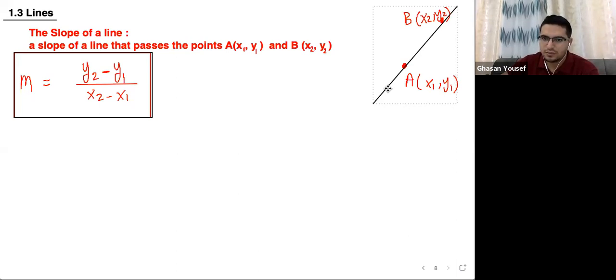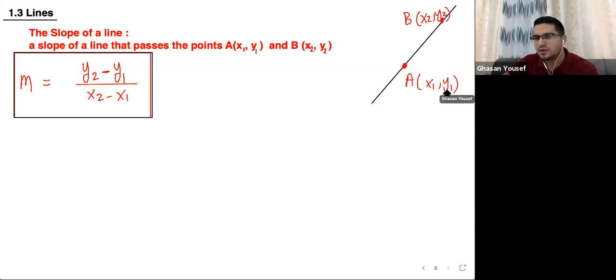This line passes two points. The first point is A, and the second point is B. A is (x1, y1), and the point B is (x2, y2). The slope m is the difference between the y coordinates over the difference between the x coordinates. This is the slope formula.